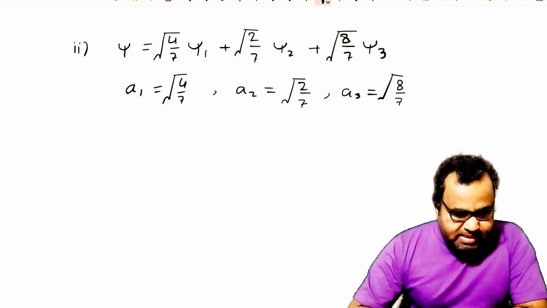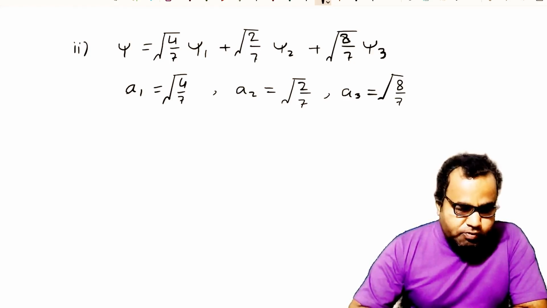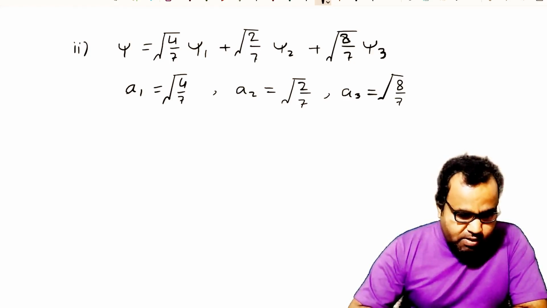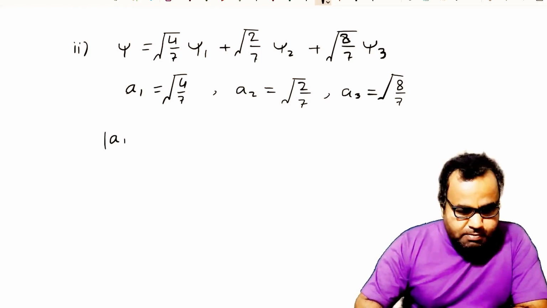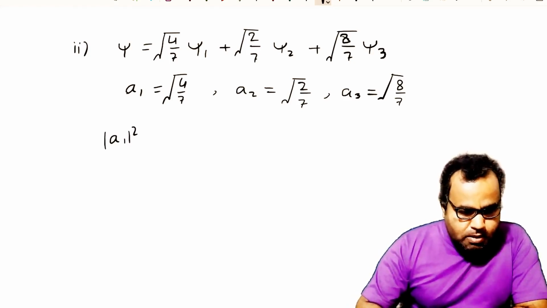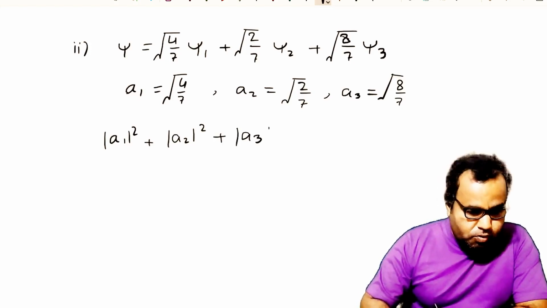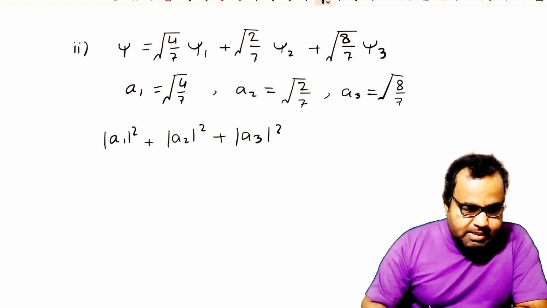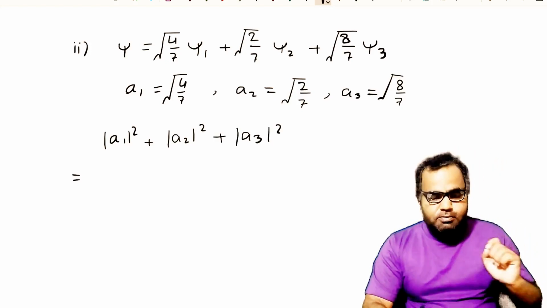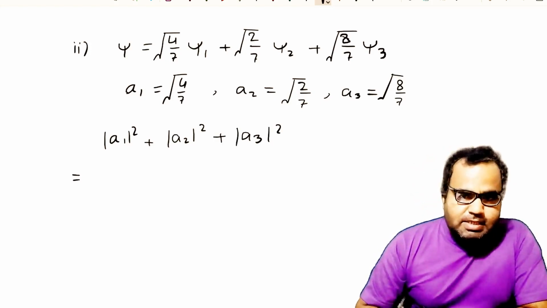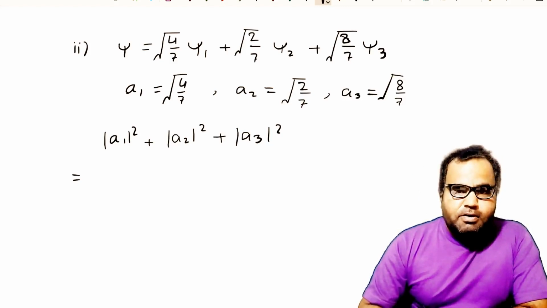So after taking these values, the sum of squares, a1 absolute square plus a2 absolute square plus a3 absolute square, should be equal to 1. We check whether it is equal to 1 or not. If it is equal to 1, then this state is acceptable for a wave function.